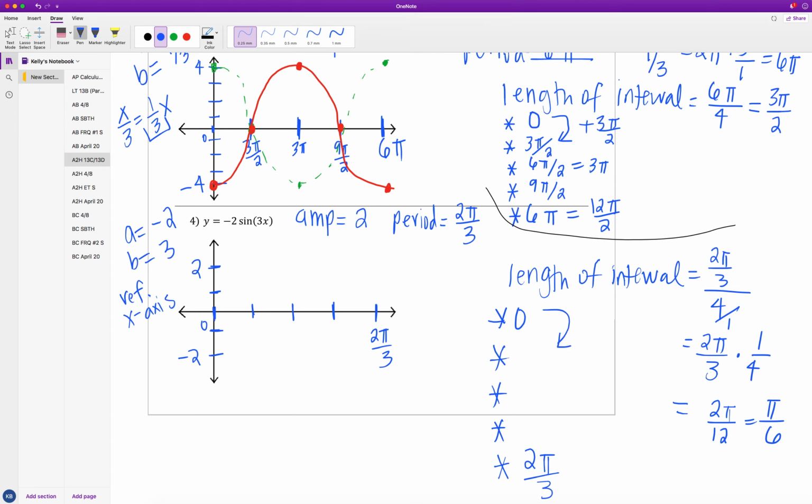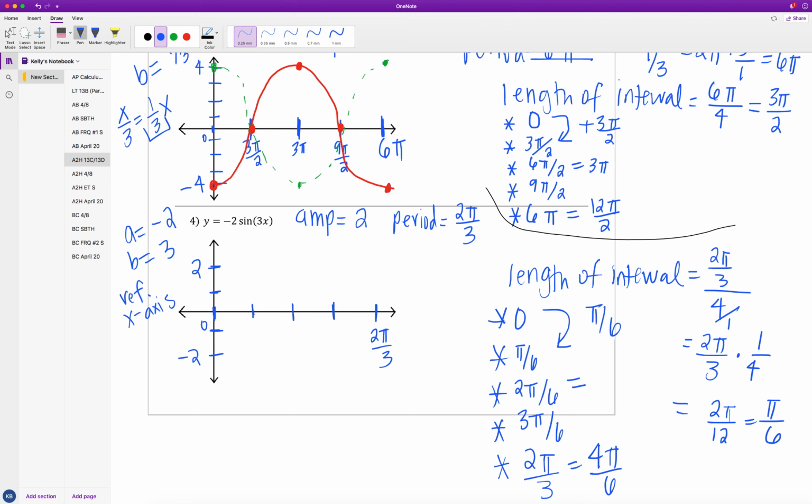I'm adding pi over 6 each time. So when I add pi over 6 to 0, I get pi over 6. I then get 2 pi over 6, 3 pi over 6, and down here I end up with 4 pi over 6, which makes sense since 4 over 6 reduces to 2 over 3.